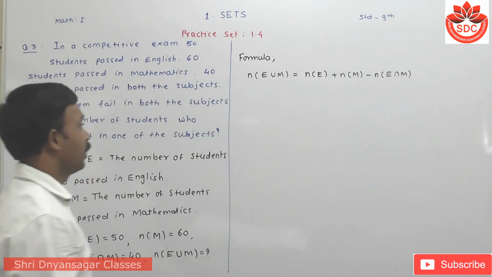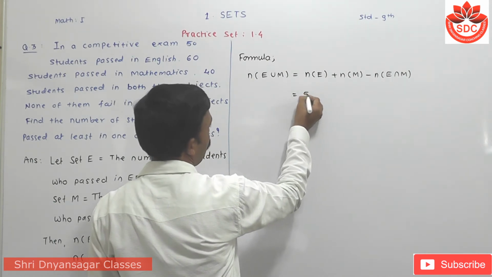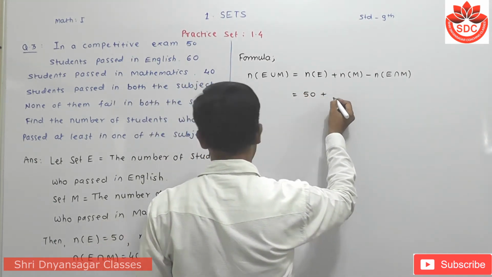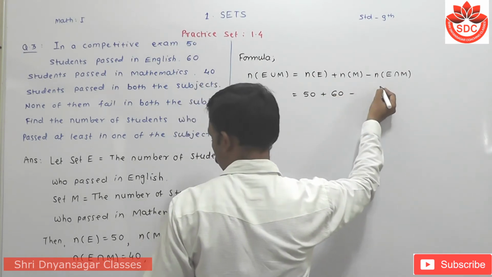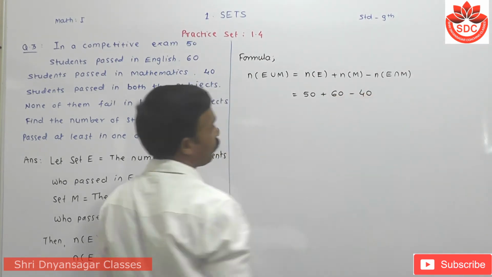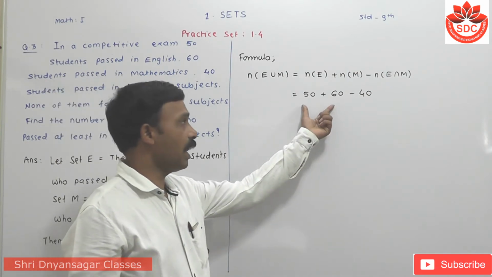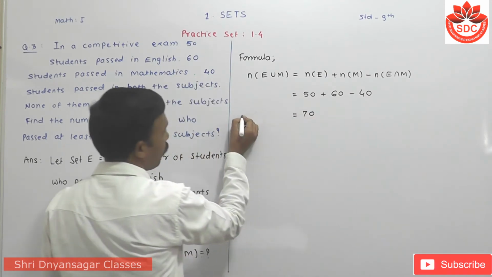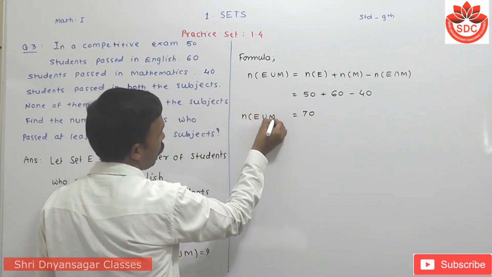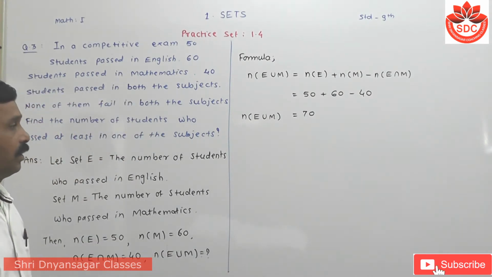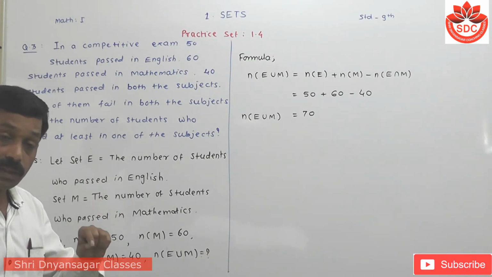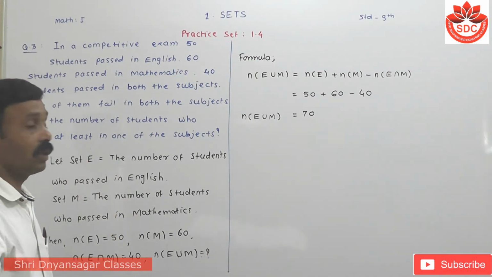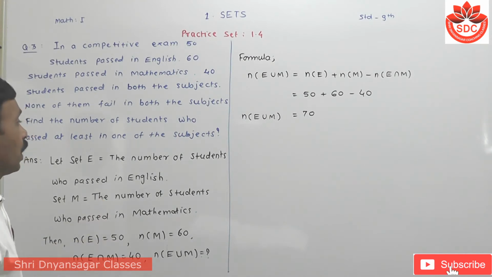We substitute the values here. n(E) is 50 plus n(M) is 60 minus this value becomes 40. Okay, then the addition becomes 110, minus this 40 becomes how much? 70. Means that n(E ∪ M) is equal to 70. Means that these 70 students pass either in English or in mathematics. Means that the total number of students who pass at least one of the subjects is 70.